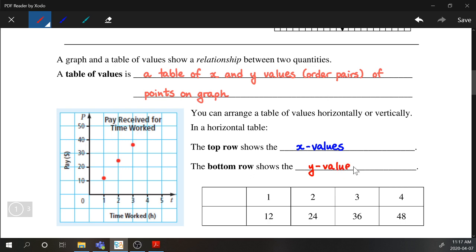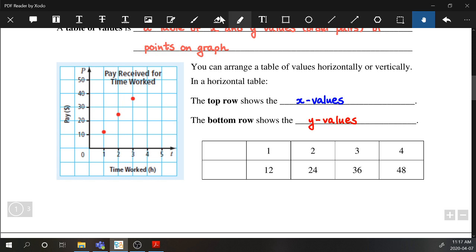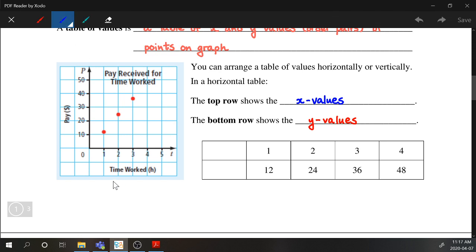A lot of times we will say as well that the x values are the independent values, or that x is the independent variable, and then the dependent variable will be the y values.